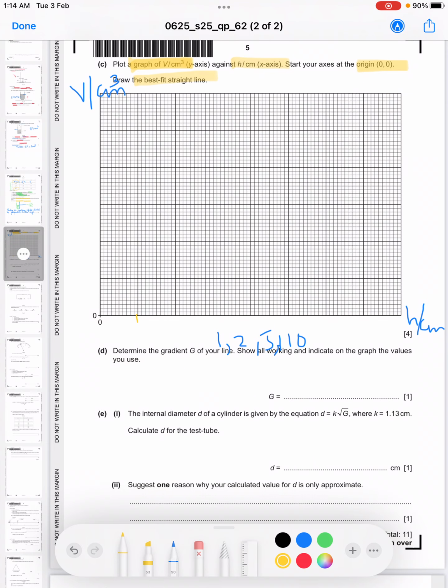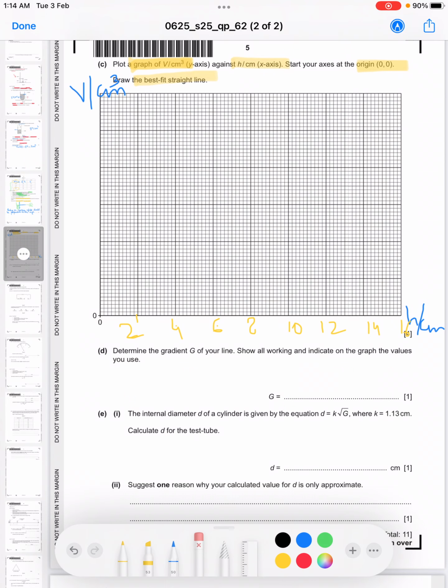If we take multiples of 5, it will be 5, 10, 20, which is a very big scale, and 1 is not possible, so I think we should go with 2, 4, 6, 8, 10, 12, 14 and 16.